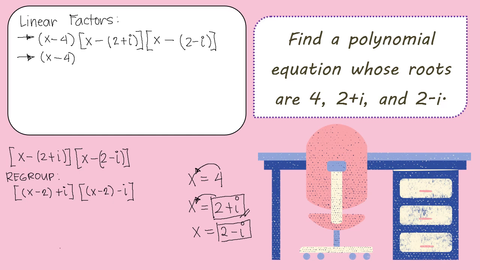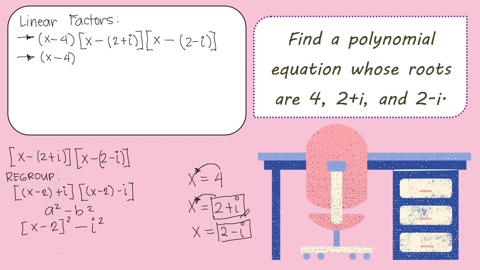Okay, so now, as discovered out of the pattern a while ago, to multiply this, we can do the shortcut, which is a squared minus b squared. So what is our a here again? So it's x minus 2. We just simply square the x minus 2, and i squared, so we do have x minus 2 squared minus i squared.